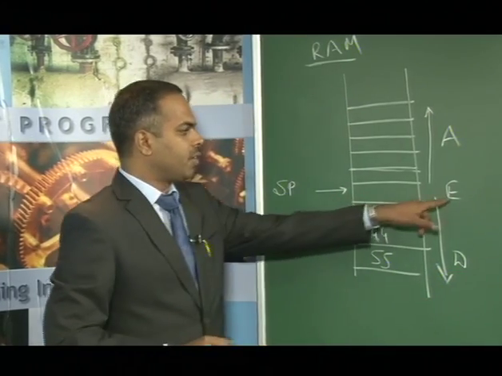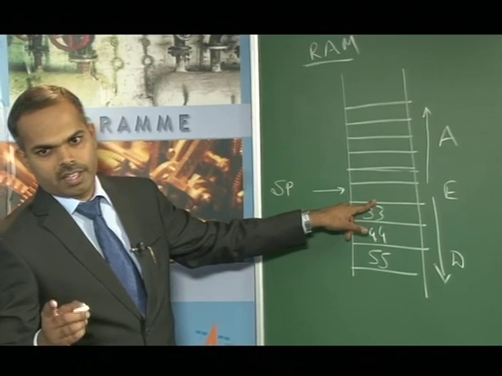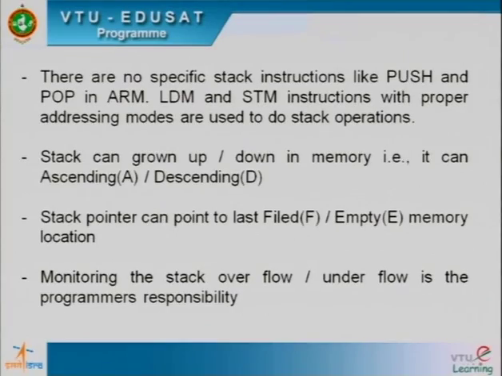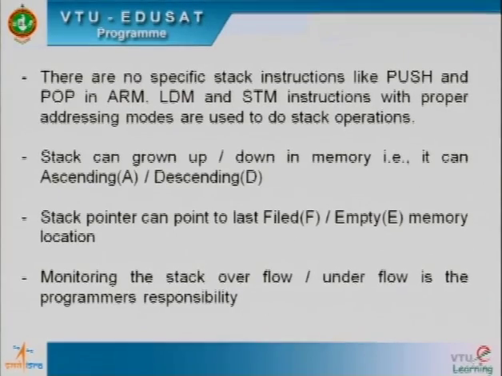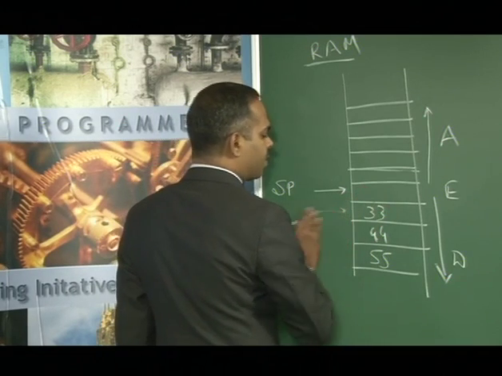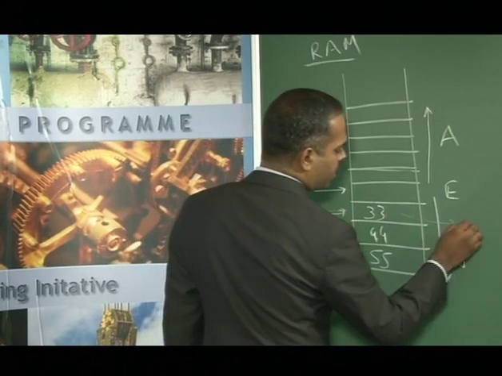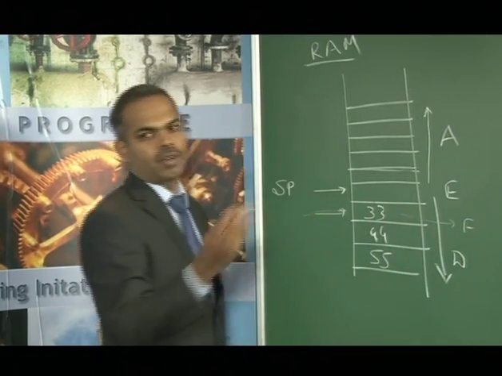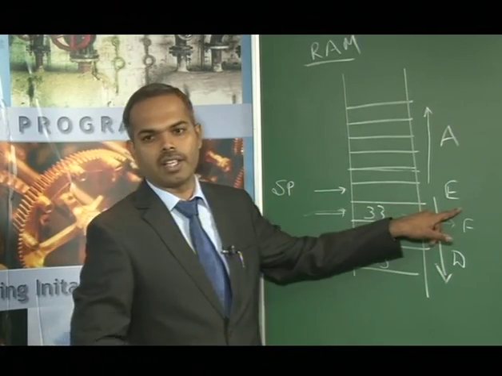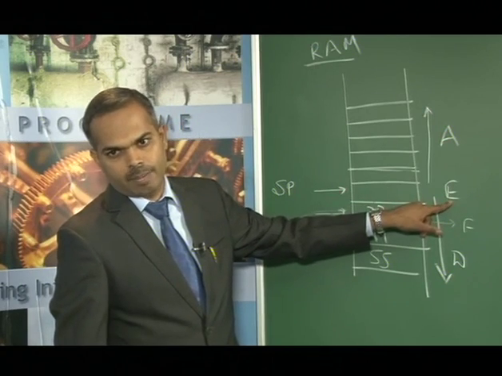Now it is pointing to the empty memory location. You can make the pointer point at 33 or at the next memory location. If it points to the filled memory location, we call this F, filled. If it is pointing to the free memory location, we call it E, that is indicated by E.